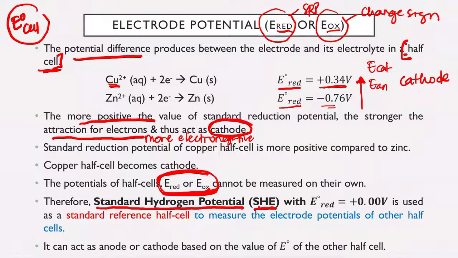Okay, so SHE has E0 reduction of 0.00 volts. Okay, so we use this hydrogen punya electrode potential as our standard reference for half cells. Okay, so that we can ada benchmark lah mana dia punya zero tu. Okay, so your SHE ni, it can act as anode or cathode based on the value of the electrode potential of your other half cell.